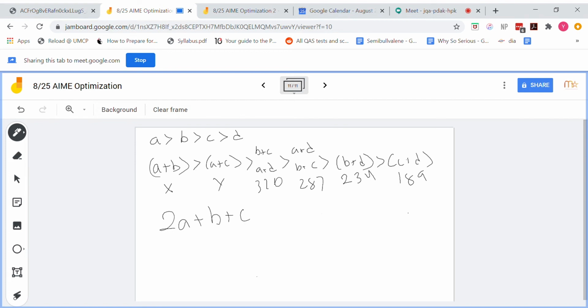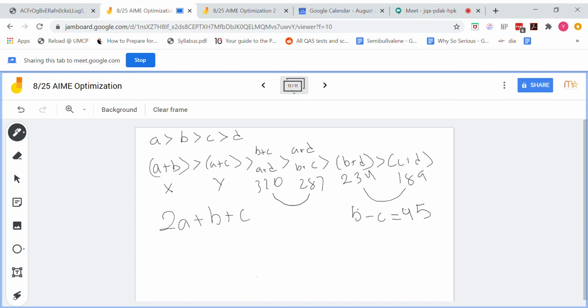So now how might we do this? Well, we can try to use some algebra to manipulate this, right? First thing we note is from these two that b minus c equals 234 minus 189, which is 45.